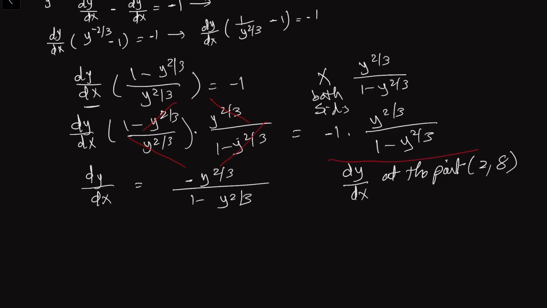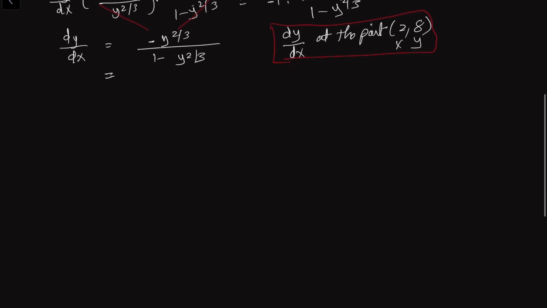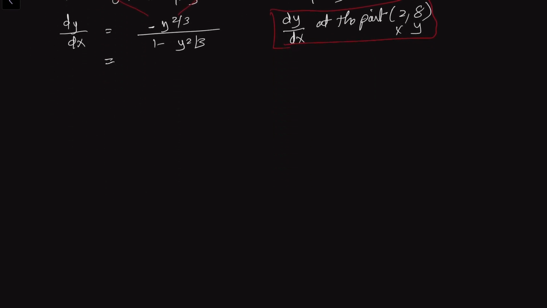That is what the problem asks us to do. The y value here, this is x, this is y, is 8. So we're just going to substitute for the y value: minus 8^(2/3) over 1 minus 8^(2/3).